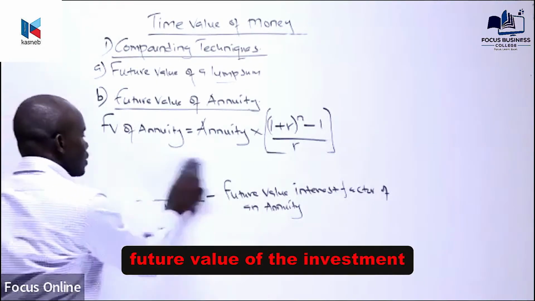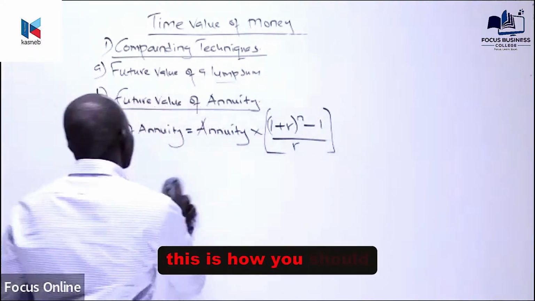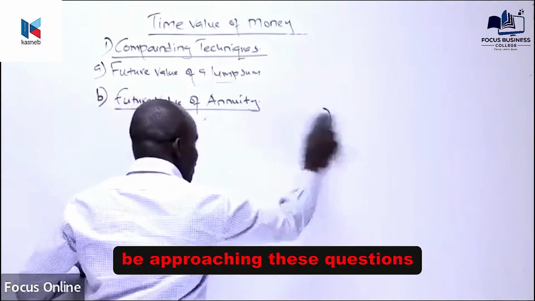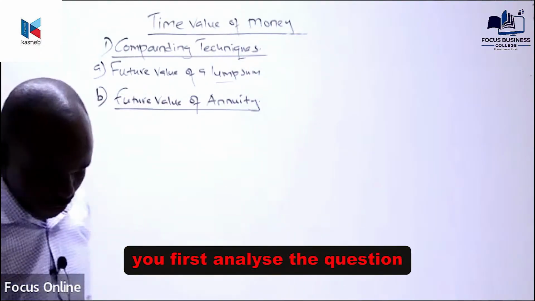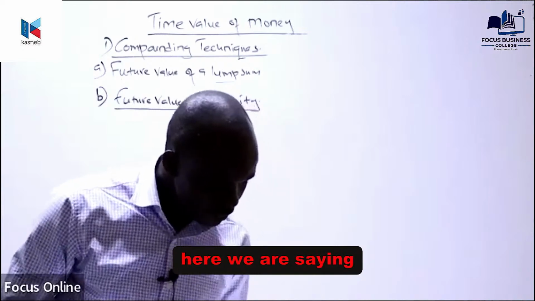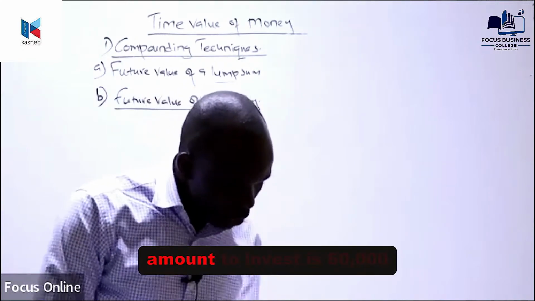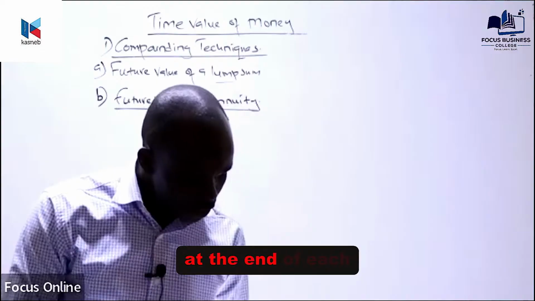Now we start. This is how you should be approaching these questions. You first analyze the question. For example, here we are saying amount to invest is 60,000 at the end of each year.